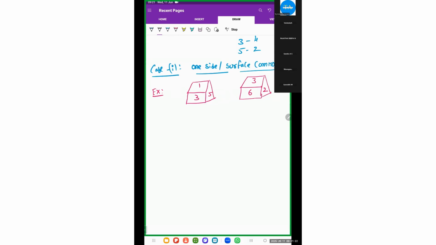Observe these two dice. One number is common: 3 is the common. Observe it: is it a standard or an ordinary die? Standard.